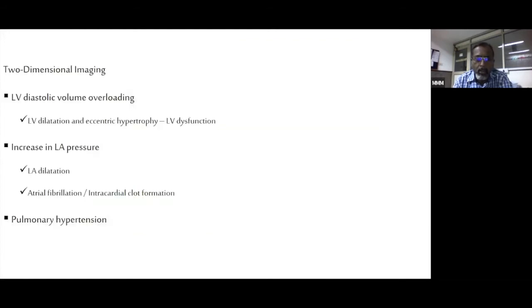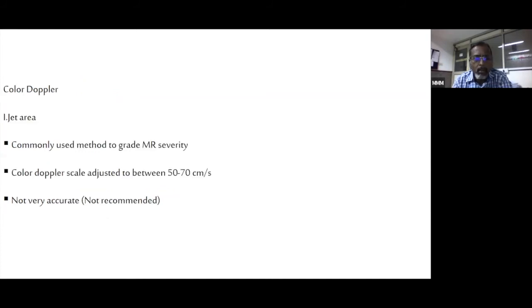Some of the 2D findings are supportive, like LV dilatation, eccentric hypertrophy without LV dysfunction, and due to the increase in left atrial pressures, LA dilatation and associated pulmonary hypertension. The first thing is we use color Doppler to know the jet area.